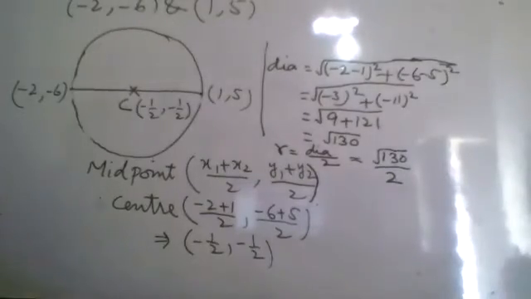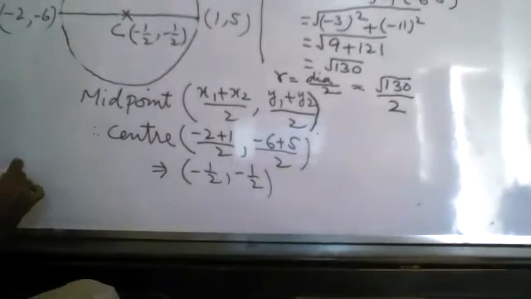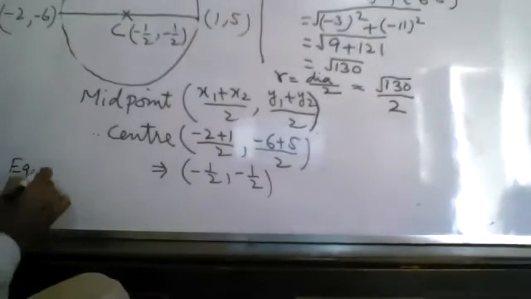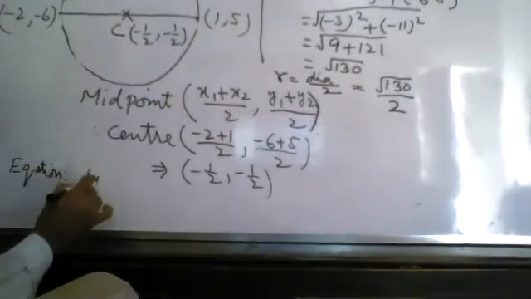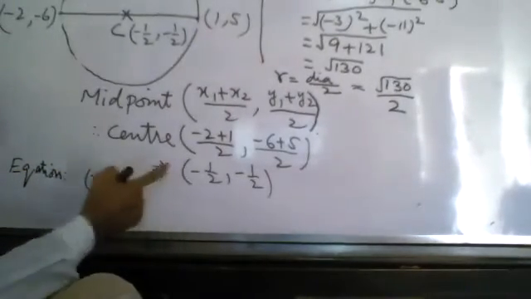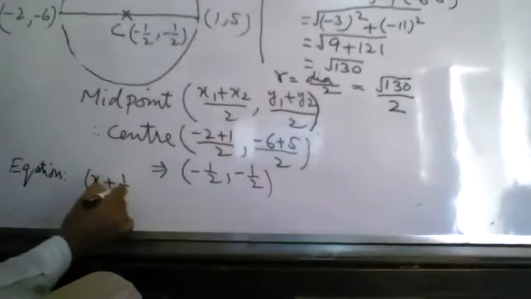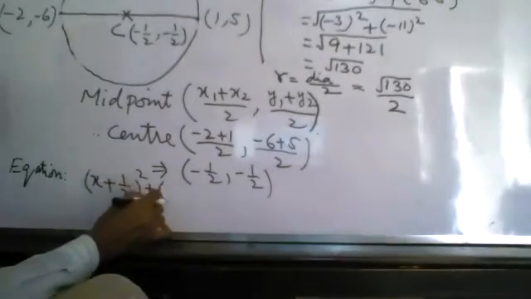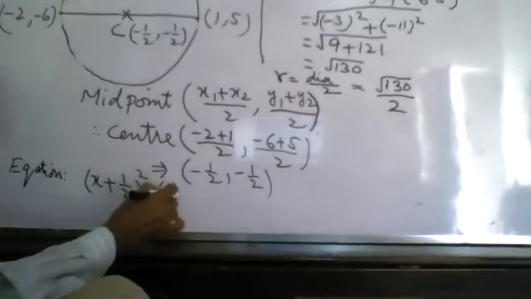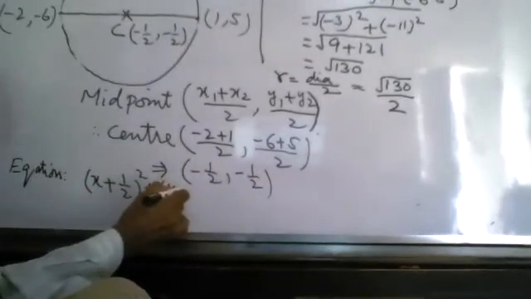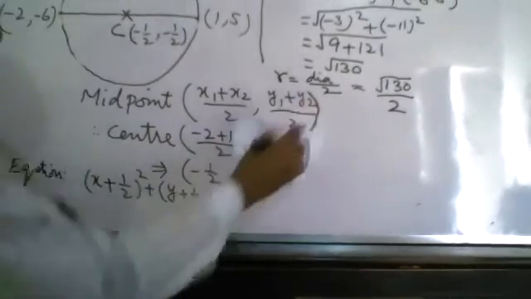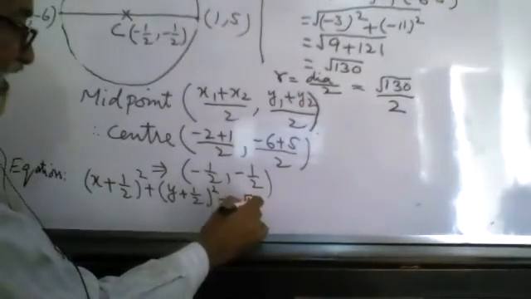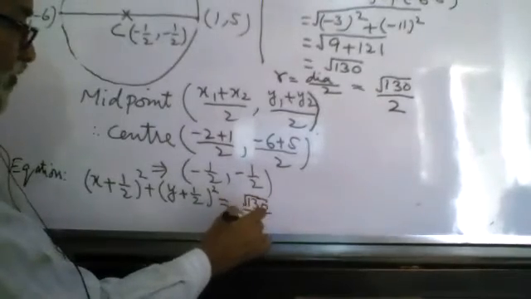So the equation: x minus x coordinate, minus minus becomes plus 1 over 2, whole square, plus y minus the y coordinate, minus 1 over 2 becomes plus 1 over 2, whole square, is equal to radius square, under root 130 upon 2 whole square.